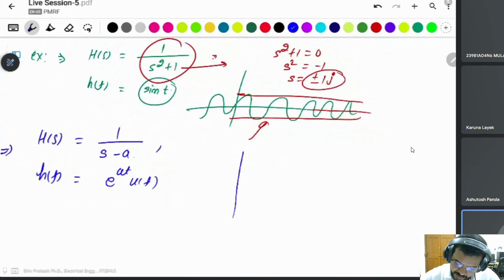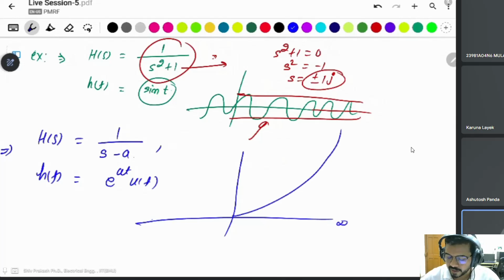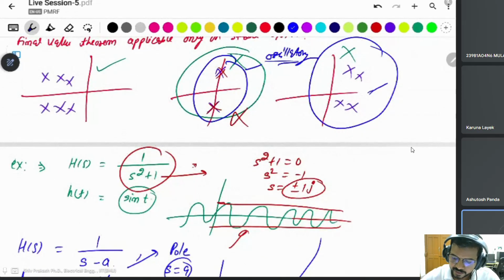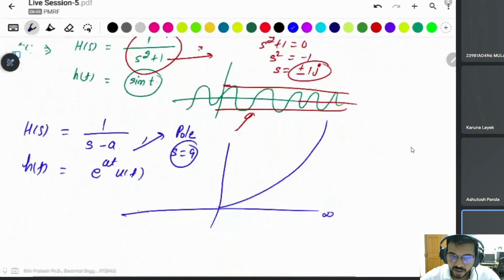Then what is the final value of this at infinity? You can't find it because of this pole. If you find the pole, s is equal to a, it will lie on the right half of the plane. Then you can't predict on this because this is an unstable system.